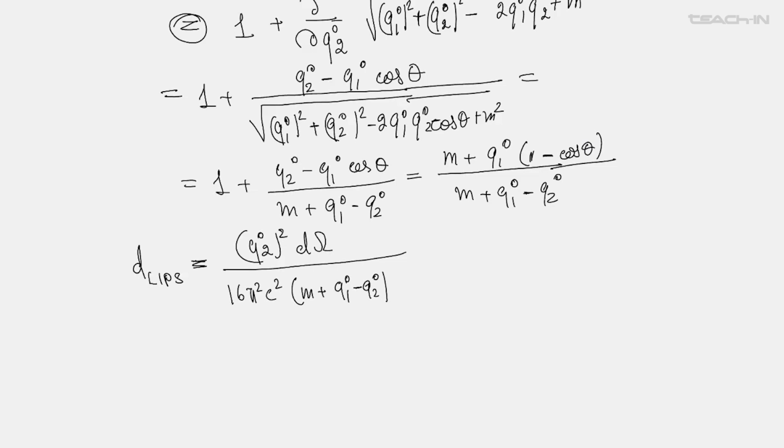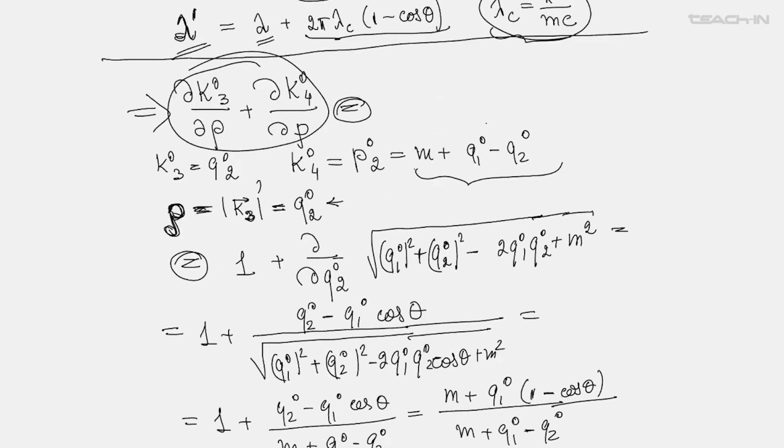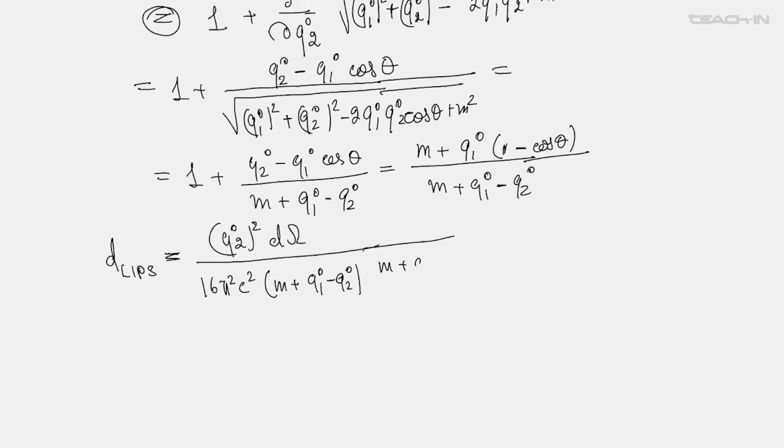So I substitute M plus Q10 (1 minus cosine theta) divided by M plus Q10 minus Q20, and sorry, I forgot also to write Q20 here, which shows me that actually there is a nice cancellation of these two terms. And then the resulting expression can be written in the following way.